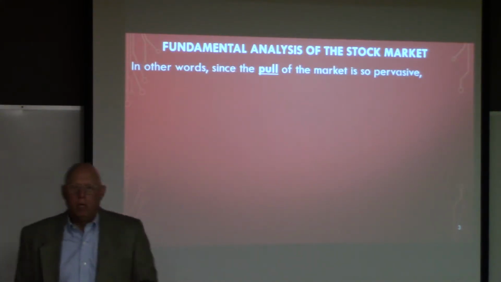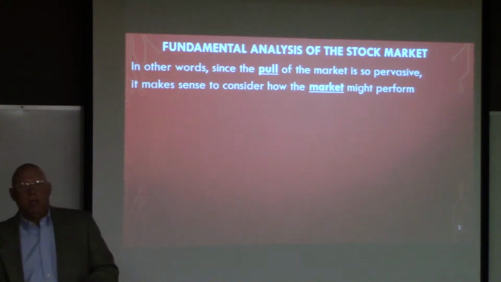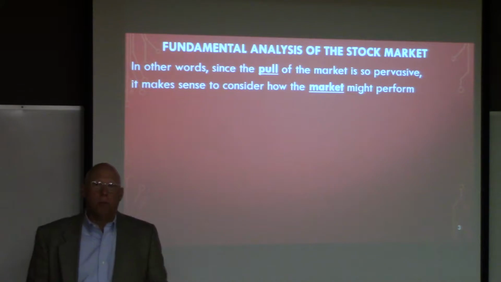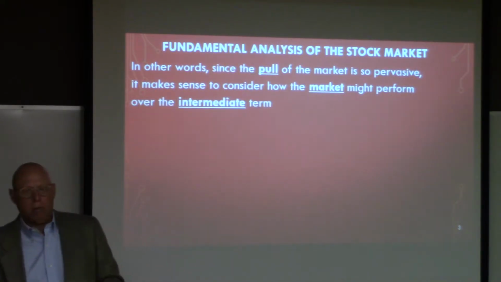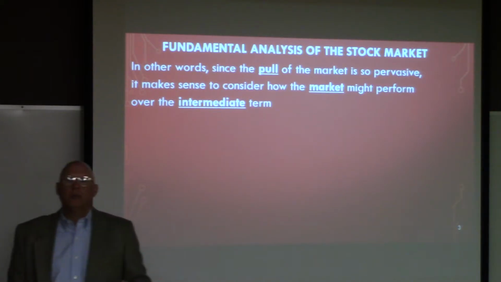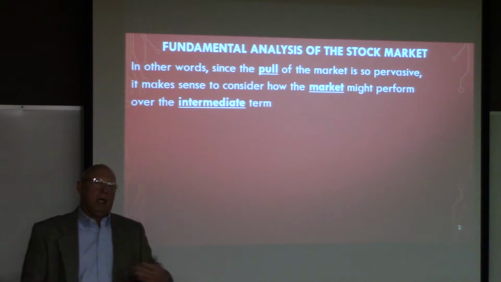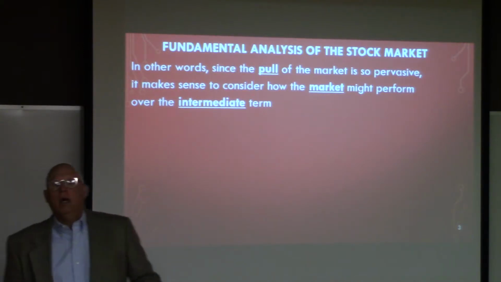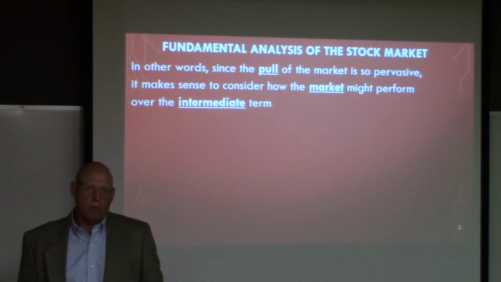All right. In other words, since the pull of the market is so pervasive, so powerful, so important, so influential, it makes sense to consider how the market might perform over the intermediate term. So what do we think is going to happen in the market? And again, we're in 2018, and we've had a very long bull market run.